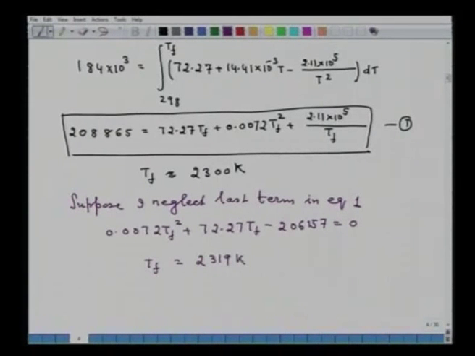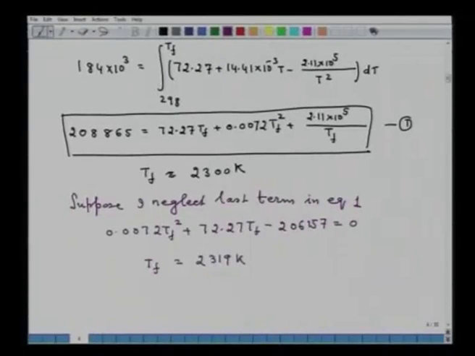So, you note the difference between when you consider Cp equal to A plus BT plus C by T square in your Tf calculation, and if you neglect C by T square, then there is a difference of 19 Kelvin between the two values. Now, you can also calculate by taking the average values, and then the value of flame temperature is bound to be higher, because you are using the average Cp value.